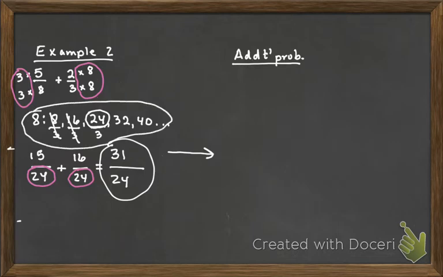Okay? So we'll do an additional problem over here. Denominators, let's say 3 over 7 plus, I'm just pulling numbers, say 5 over 9.